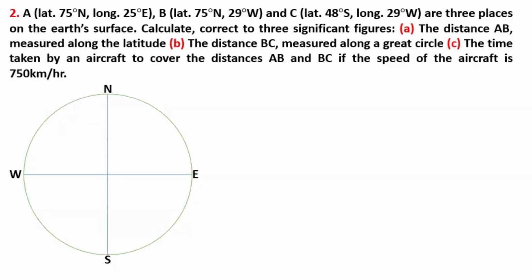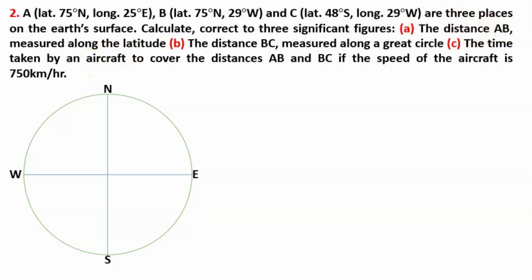So this is the second question we'll be looking at. We are given points A and B and also C, three places on the Earth's surface, and we have to calculate, correct to 3 significant figures, the distance AB along the latitude.